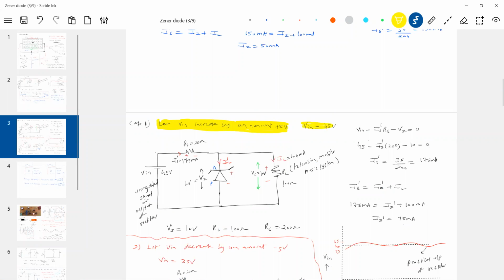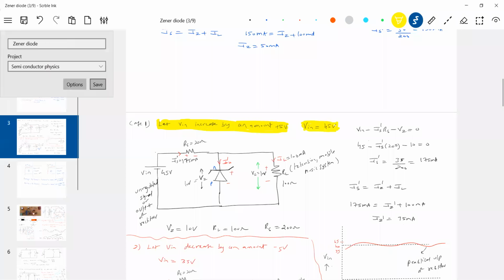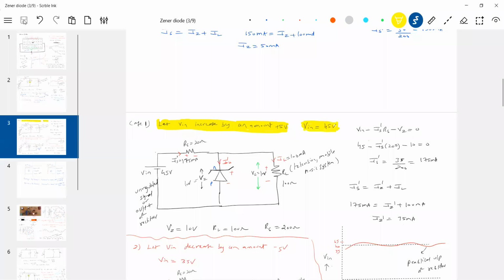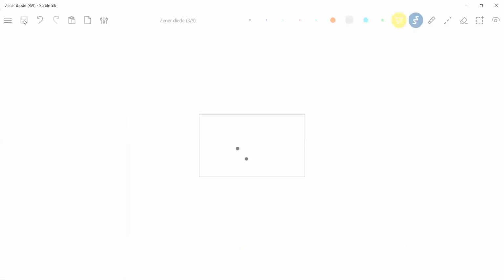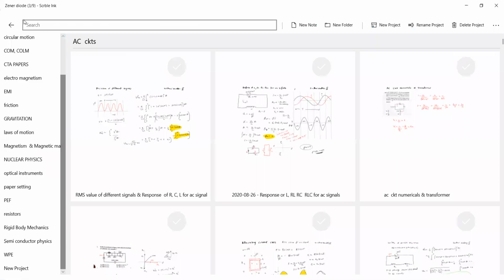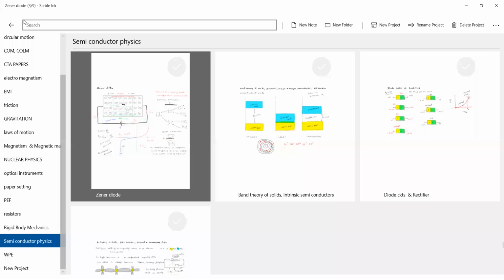Sir, can you open yesterday's file? Let me save it. Where is semiconductors? Which one, yesterday?